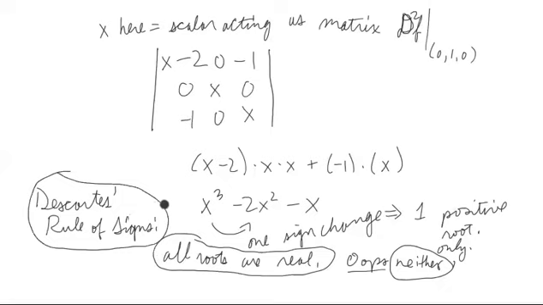And to be able to look at this, there's another video that I will have in the playlist, and that one will show you what Descartes' rule of signs is and how it works. But pretty much what we're doing here is looking at the signs of the coefficients as we go this way. So positive, minus, minus.